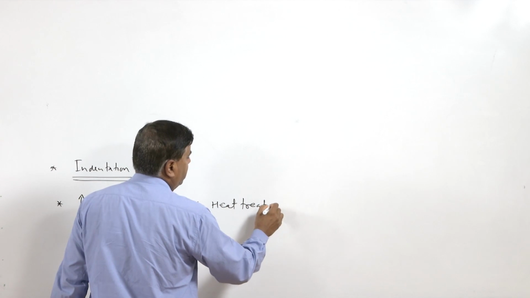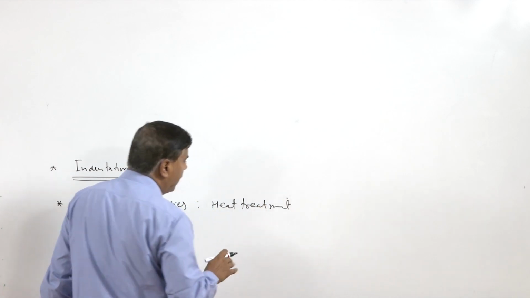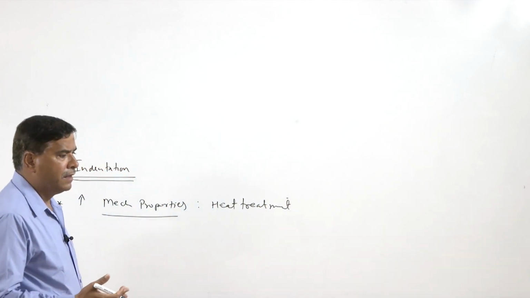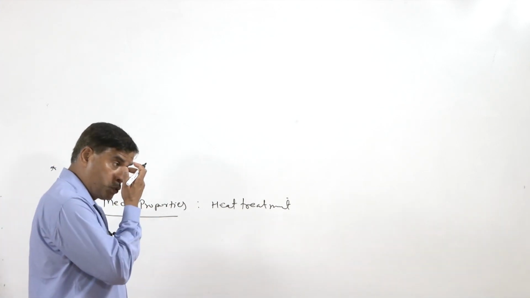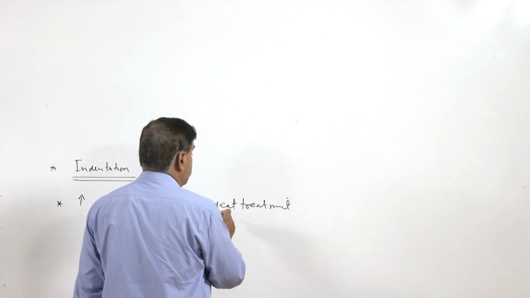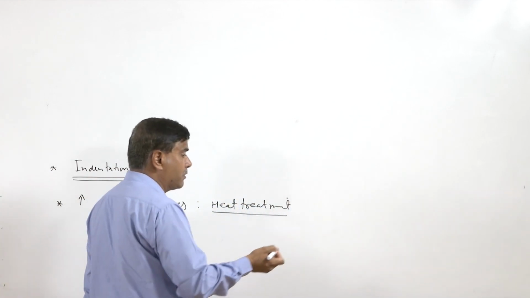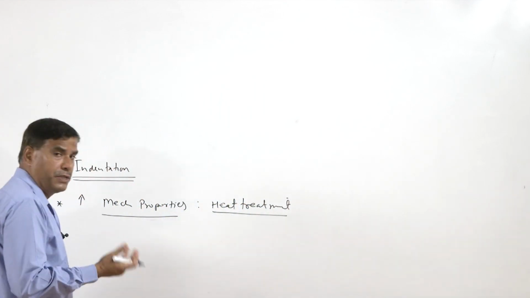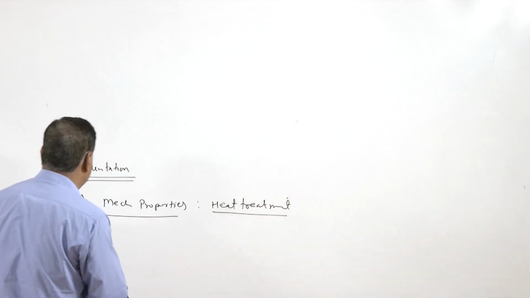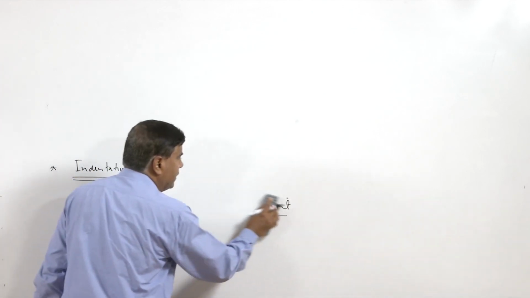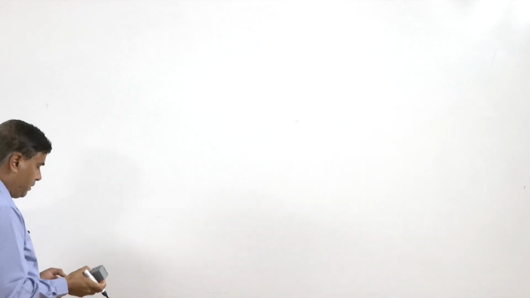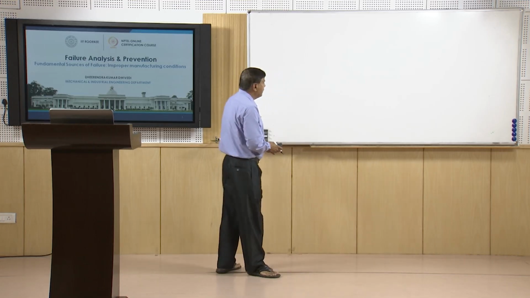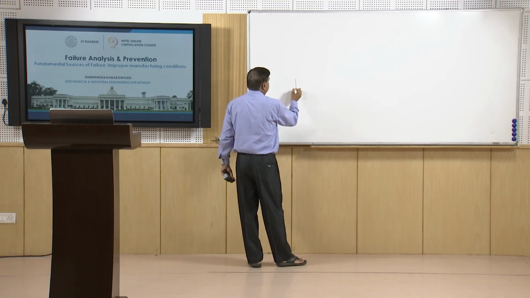If the heat treatment conditions, or the various aspects related with the heat treatment, are not chosen properly, that also can lead to premature failure of the component. So, in this presentation we will be talking about these two aspects. Here we take up the first, indentation marks.